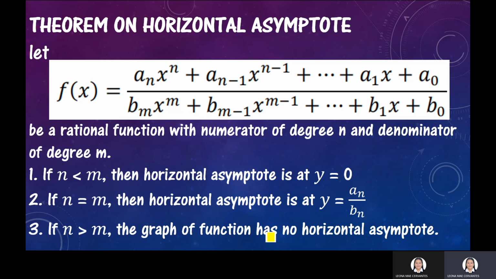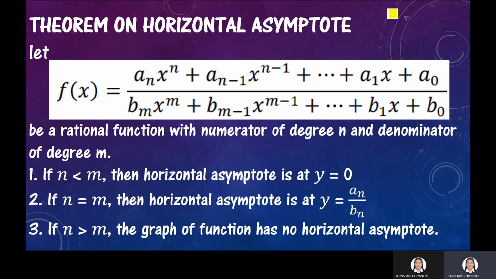Next, theorem on horizontal asymptote. Let f of x equal a sub n times x raised to n plus a sub n minus 1 times x raised to n minus 1 plus and so on, plus a sub 1 times x plus a sub 0, all over b sub m times x raised to m plus b sub m minus 1 times x raised to m minus 1 plus and so on, plus b sub 1 times x plus b sub 0, be a rational function with a numerator of degree n and denominator of degree m.